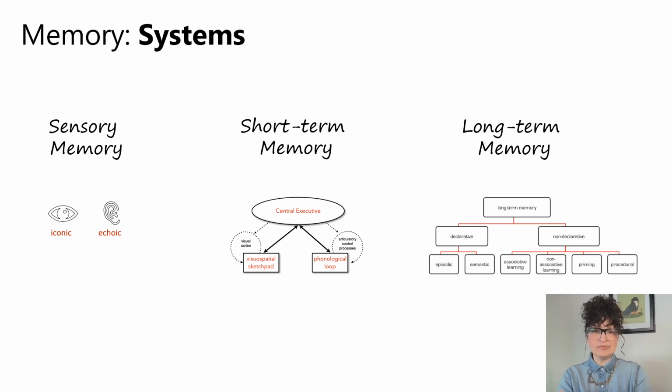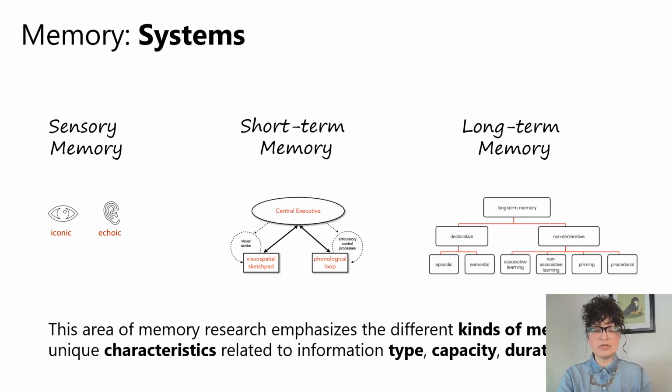The systems view of memory is really concerned with identifying these distinct memory stores and then specifying the structural properties of each store, like the capacity, the duration, or the coding format. But the idea here is really like, what are the different kinds of memory that we have?